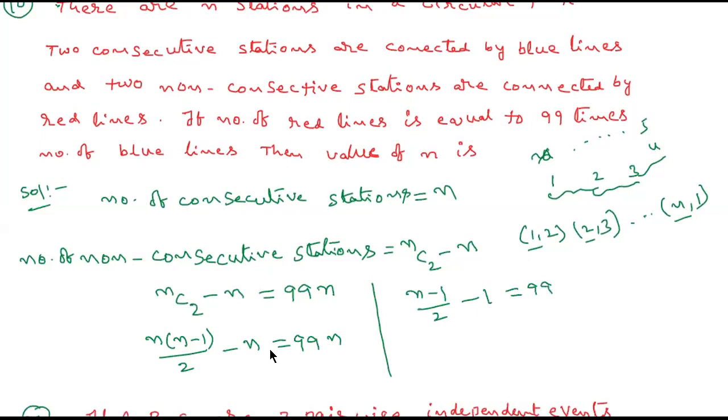Minus 1 goes to the right-hand side, making it 100. So n minus 1 is equal to 2 into 100, which is 200. Now n is equal to 201. So the number of stations is 201. This is also a very easy question in permutation and combination.